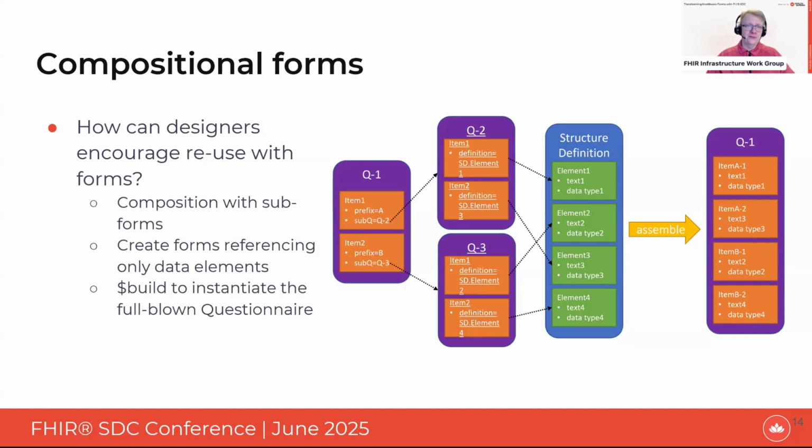The people who author the forms get really sad when they have to go and make those changes to 278 different forms. Wouldn't it be nice if we could just have one place where we define that demographic section, where we could go update it and then press a button and have it propagate into all of our forms? And so compositional forms lets us do that.